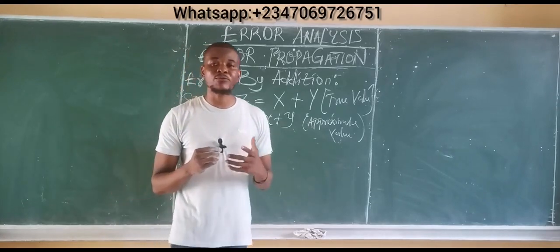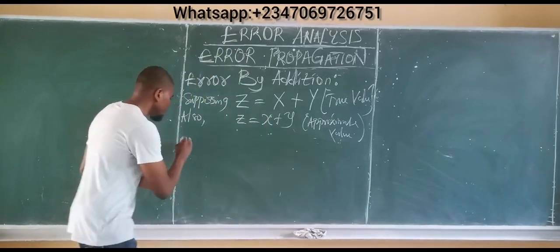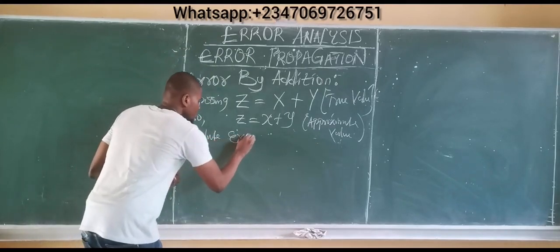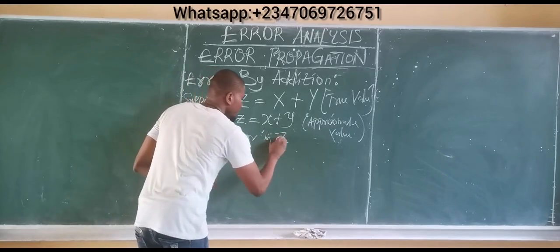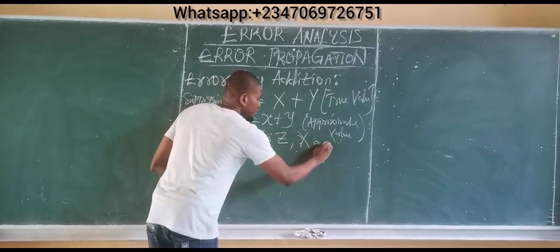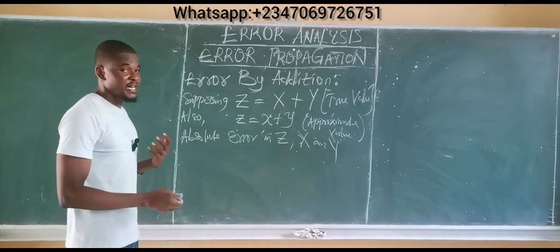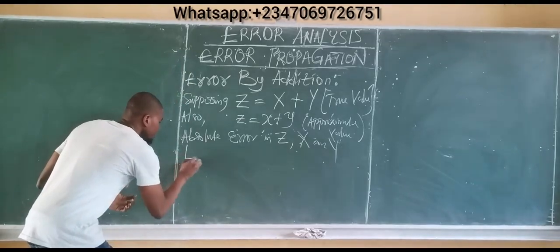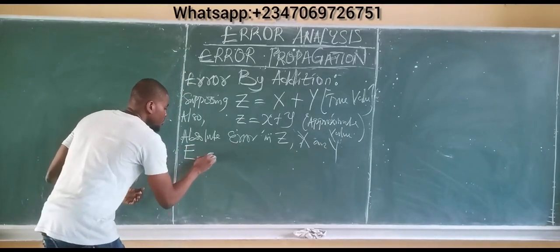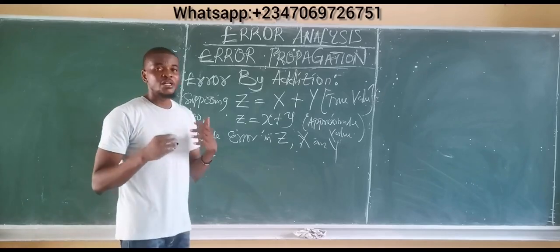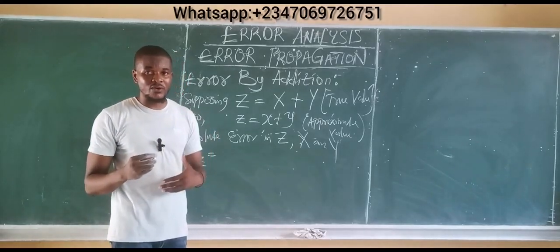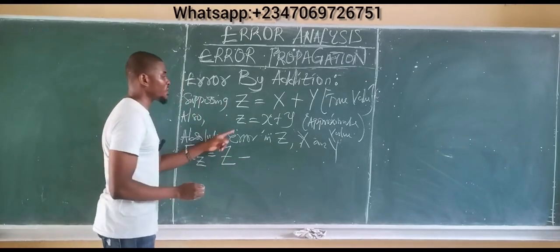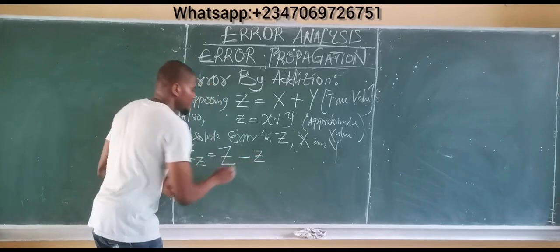Now let's say we want to find the absolute errors in this quantity, in Z, X, and capital Y. From our definition of absolute error, the error in Z, let's call that E_Z, is going to be the true value of Z, capital Z, minus the approximate value of Z, small z.